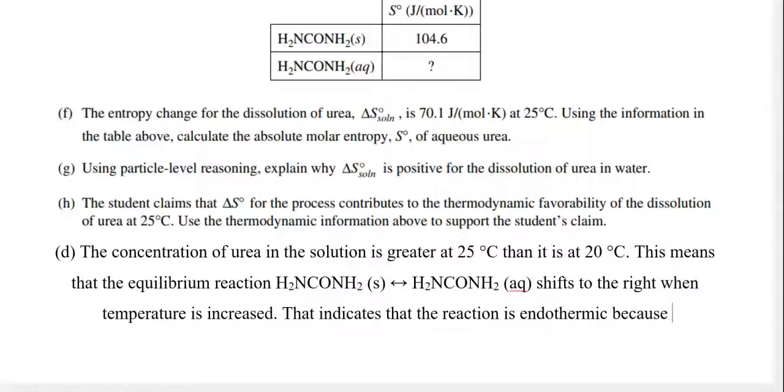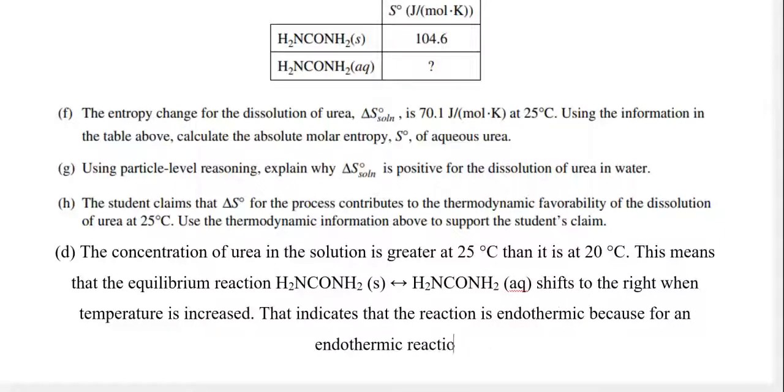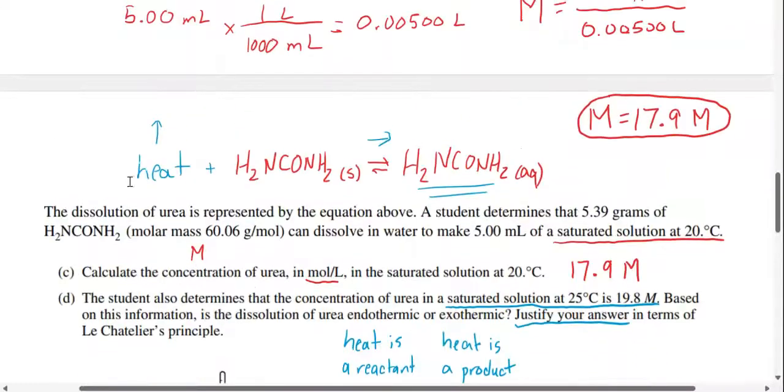because for an endothermic reaction, we can write heat as being a reactant. And here you may want to actually again write out this equation up here with the heat involved.